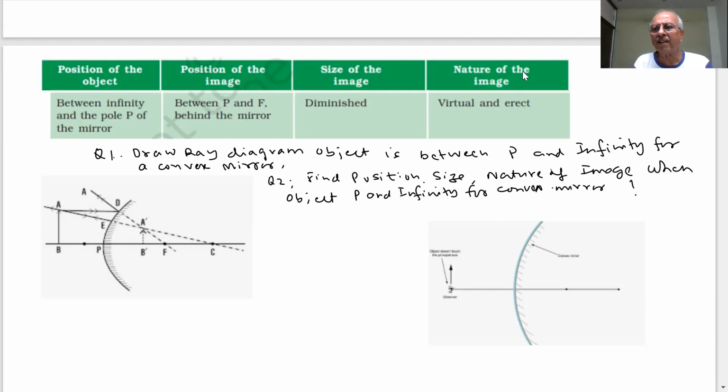In the case of the concave mirror, I have shown you 6 cases, 6 types of ray diagrams. How many ray diagrams did I draw for the concave mirror?